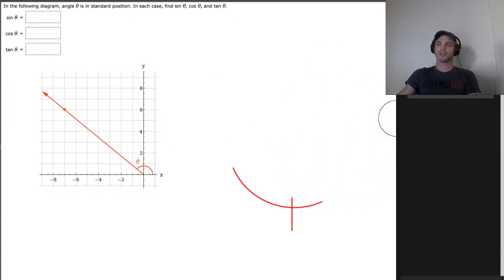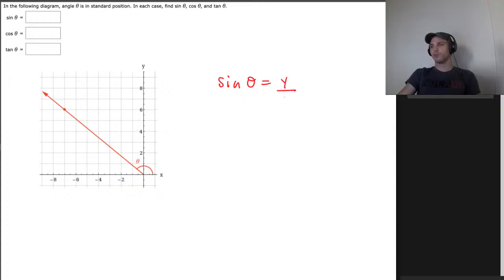There are two definitions for the trig functions. One comes off the unit circle and the other one comes off any right triangle. But I think the unit circle definition is a lot better. So sine of theta equals y over r, and cosine of theta equals x over r. These are the better definitions, and they avoid confusion like that.